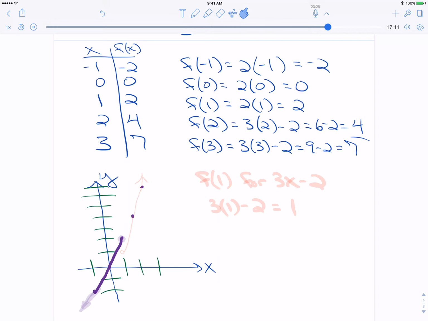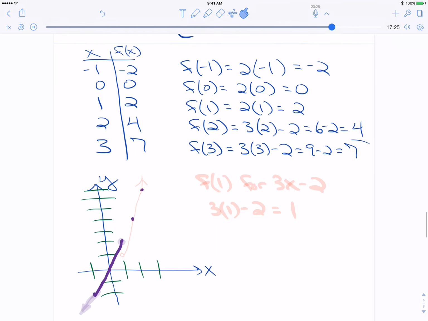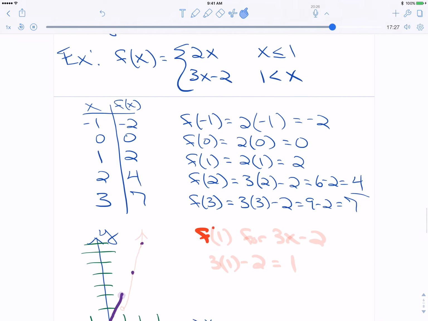Now, what I need to determine is actually f just on the other side of 1. Because to construct the other part of this graph, I'm going to need to know what f of 1 is for the other part, which is the 3x minus 2.